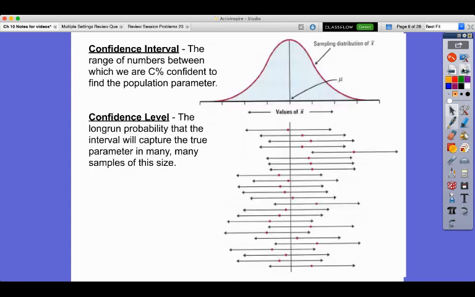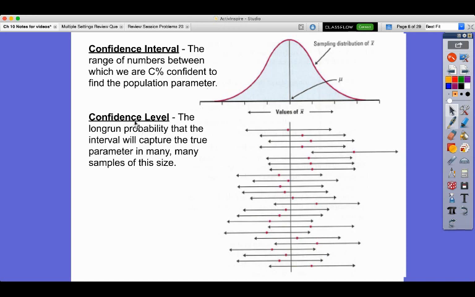So there's two things we talk about, the confidence interval itself and the confidence level. The confidence interval is the range of numbers, like from A to B. And we say we are C% confident that we have captured the population parameter.